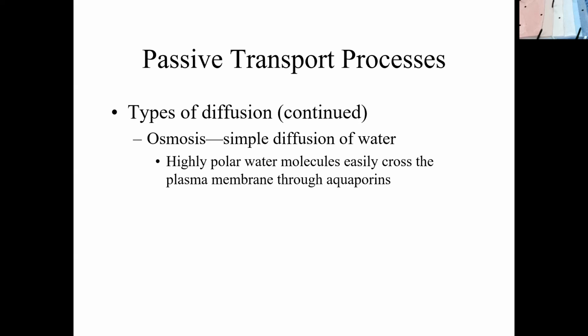For example, if we have a cell at 0.9% sodium chloride, and we place that cell in 100% distilled water, it doesn't matter that a human cell at 0.9% sodium chloride is 99.1% water. It's almost pure water, right? It's almost there. If you place that in 100% distilled water, the 100% distilled water still has the higher water concentration, and water will go into the cell.